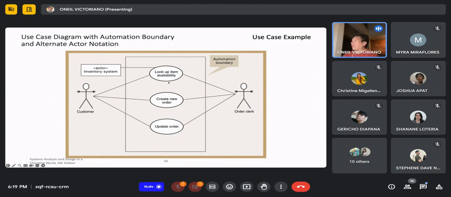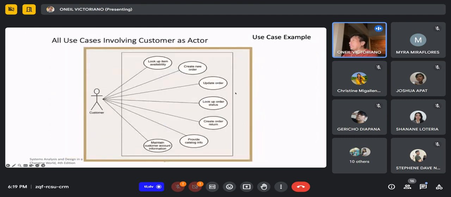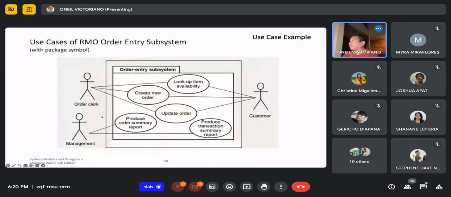The system would have functions like look up item availability, check for new order, and update order. Another use case example is all use cases involving a particular actor. These are again the system functions for a particular actor, the customer.